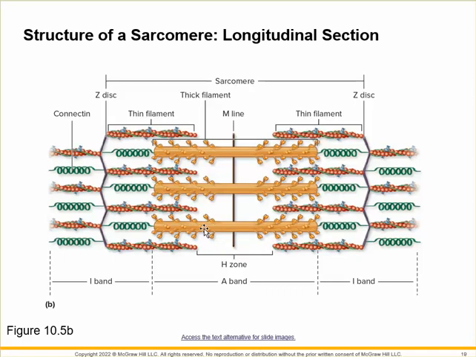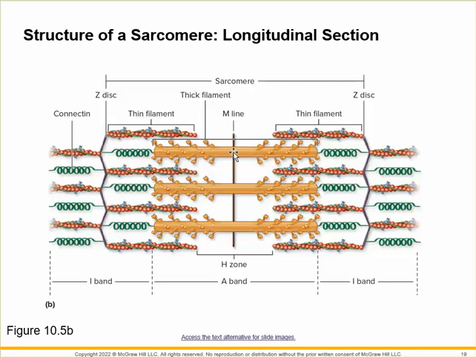So we call the zone of the A band that's a little bit lighter the H zone, which stands for helios, which is the same word as halo. It means a brightness. And then right in the middle of the H zone is something called the M line, the midline.